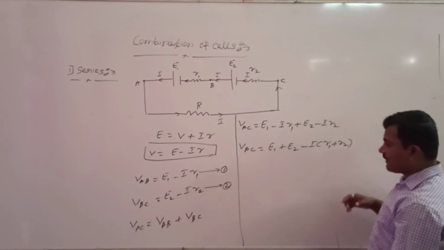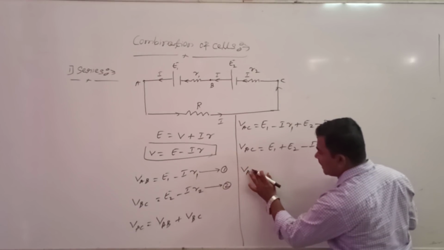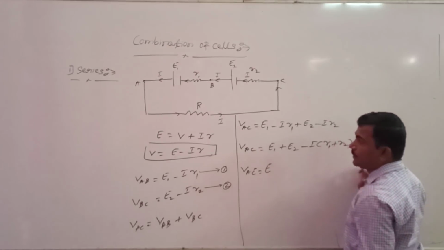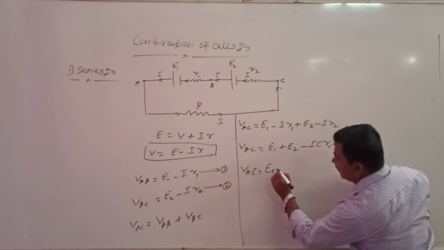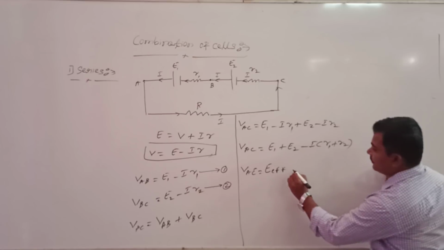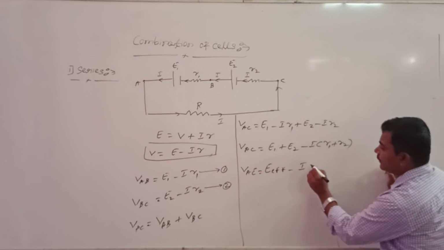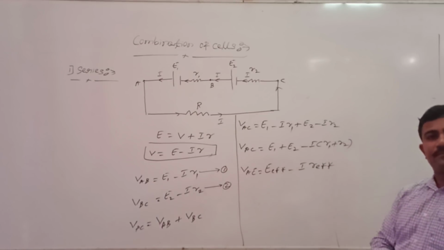This value can be written as VAC. What is E1 plus E2? Sum of EMF across each cell, that is the effective EMF. Effective EMF minus capital I, the current, times R1 plus R2, which is R effective.